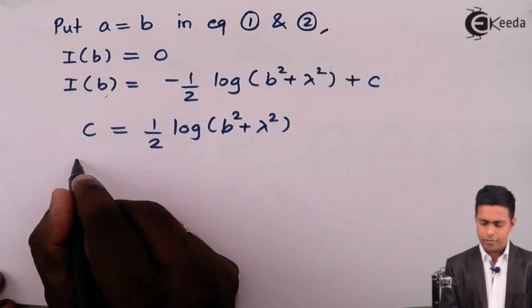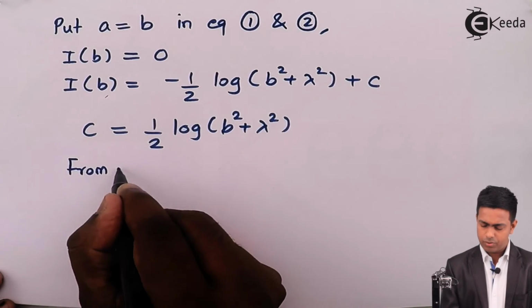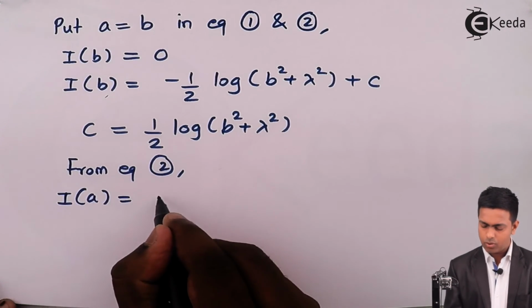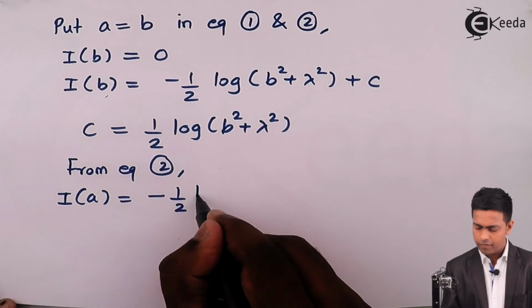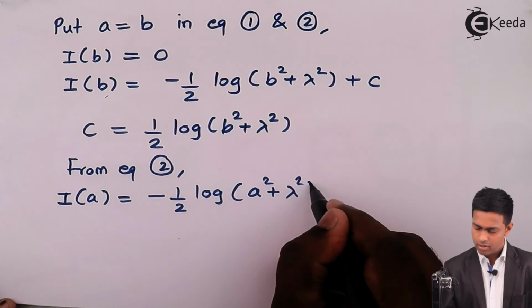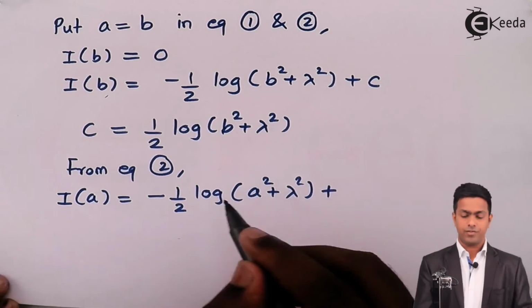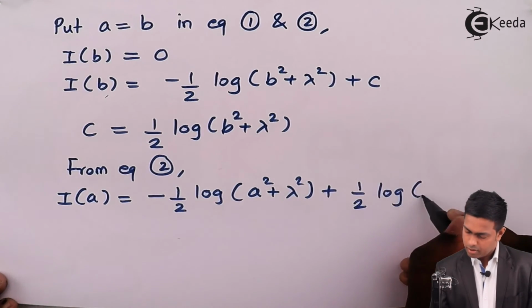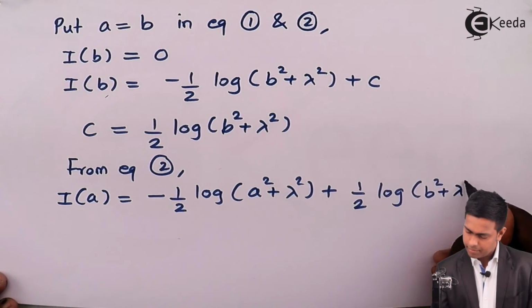So from equation number 2, I of a is equal to negative half log of a square plus lambda square plus c. The value of c is 1 by 2 log of b square plus lambda square.